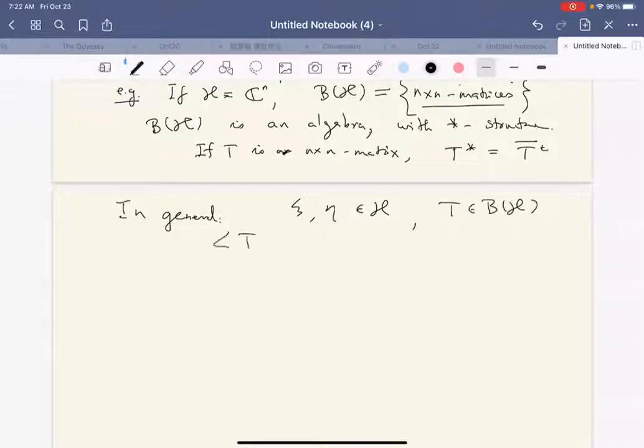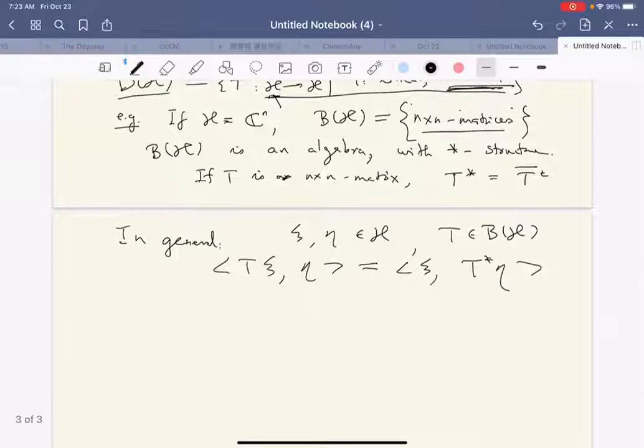How do I define the star? You use the inner product: the inner product of T psi with eta is defined to be the inner product of psi with T star eta. This is how the star is defined. In the case of C^n with the standard inner product, that gives you exactly the complex conjugate and transpose. This is how, in general, T star is defined.